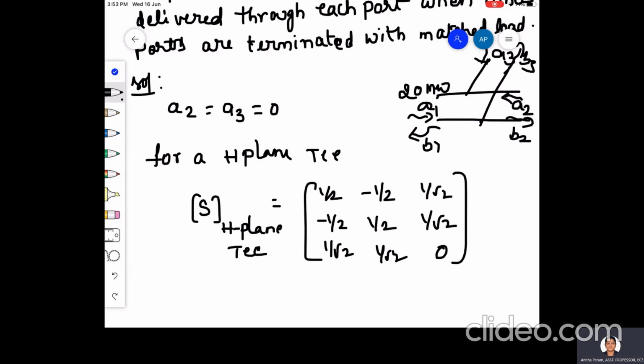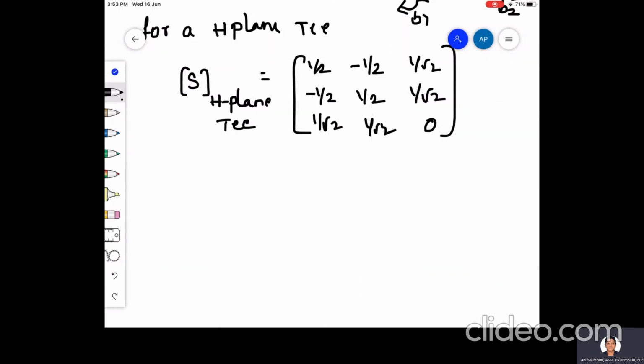From this, S11 is 1 by 2. It gives the reflection coefficient at port 1.